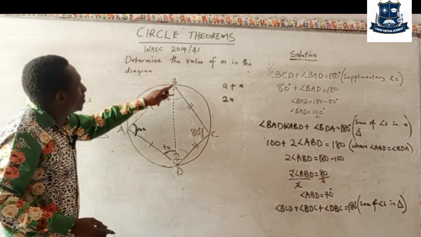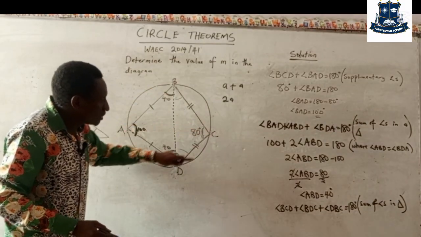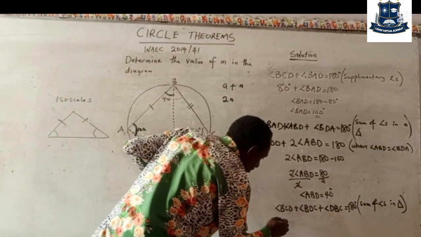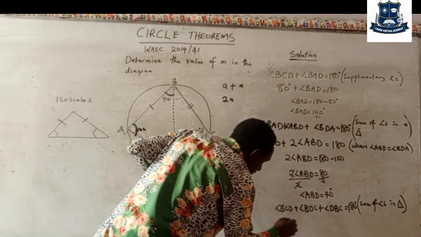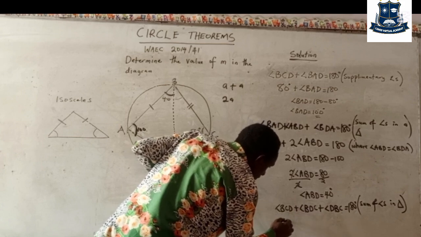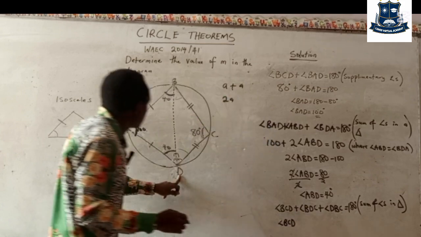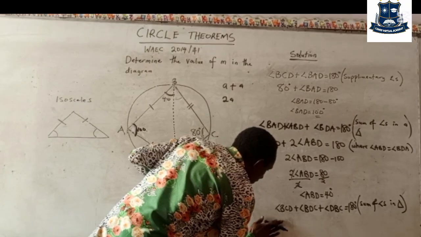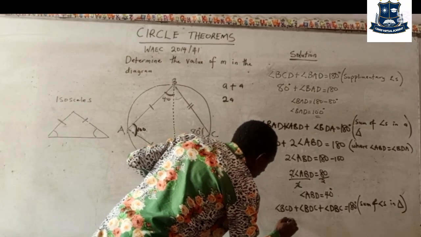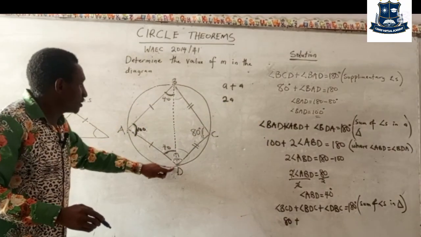Now, I know angle BCD. That's 80, plus BDC. I don't know it.